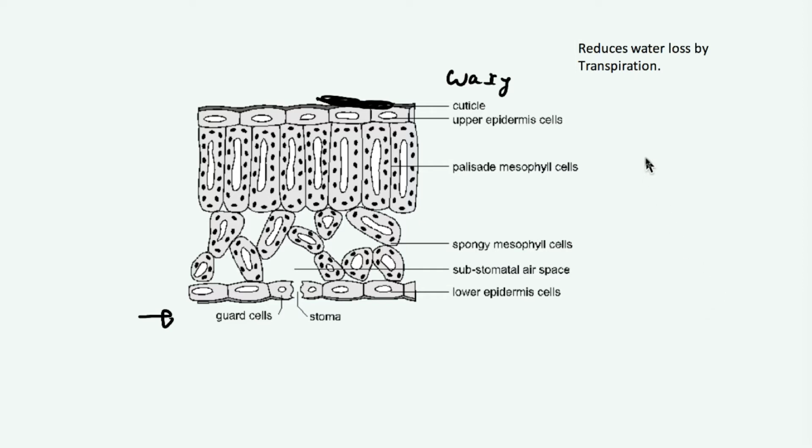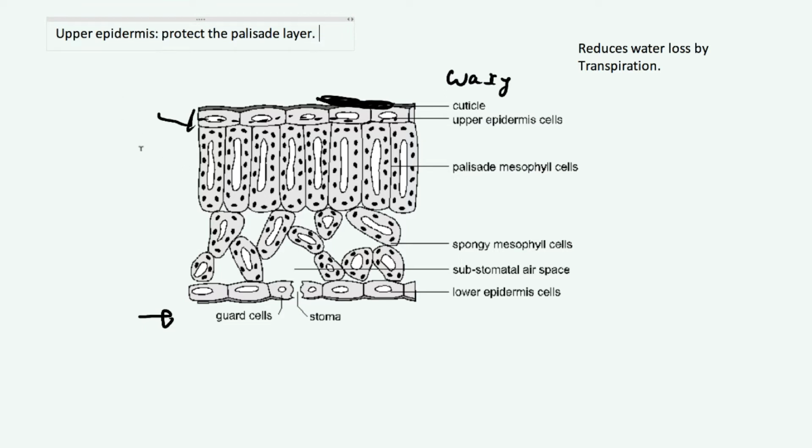Okay, what we have next is the upper epidermis. The upper epidermis are these cells here that run along the top just under the cuticle. Now the role of the upper epidermis is to protect the palisade layer. You'll notice that the palisade layer is the next one down, so it protects those.